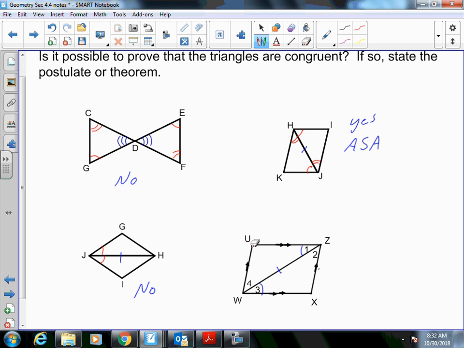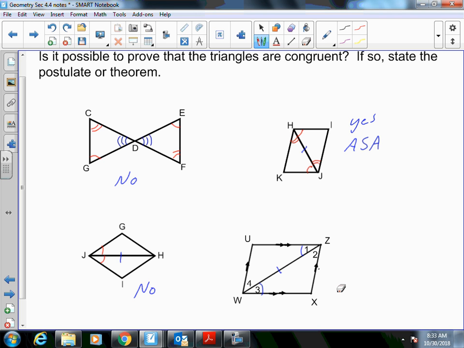And then angles 2 and 4, we have to compare those with lines UW and ZX being parallel. Once again, if we're using UW and ZX as our parallel lines, then 2 and 4 are going to be alternate interior angles between those two lines.